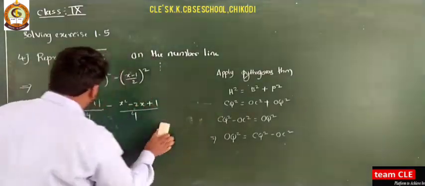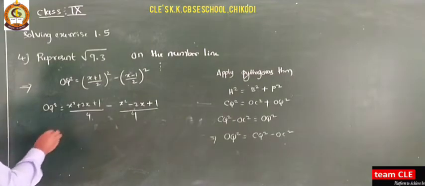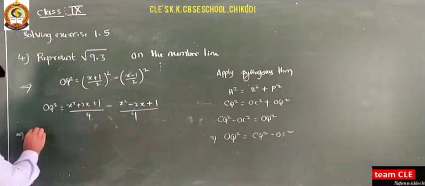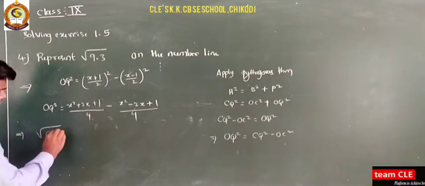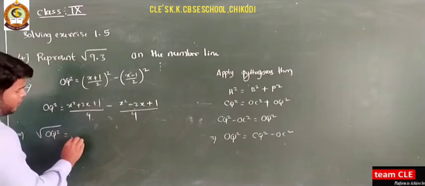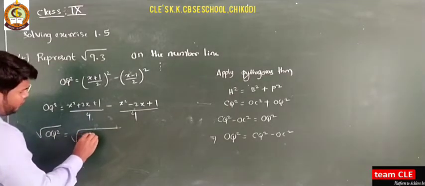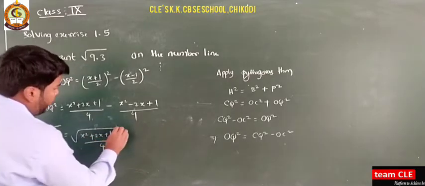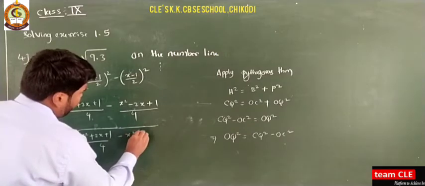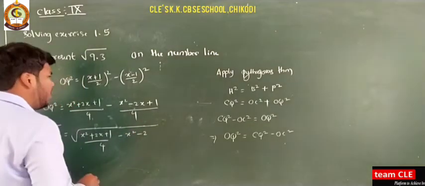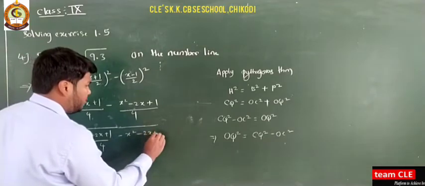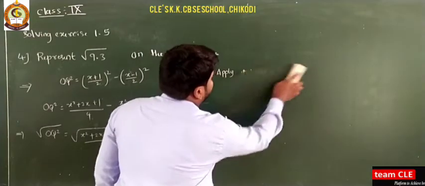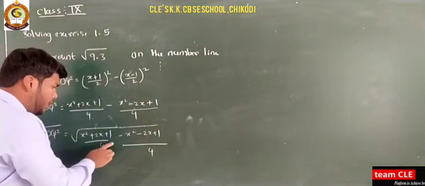Now I take root on both sides, so root of OQ square equals root of (x square plus 2x plus 1) by 4 minus (x square minus 2x plus 1) whole divided by 4. Next step, dear students, take the LCM.